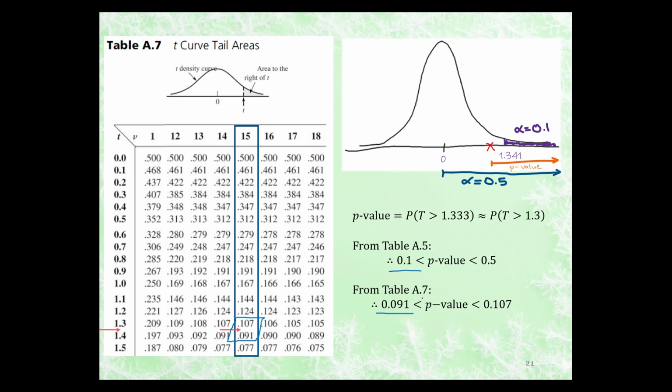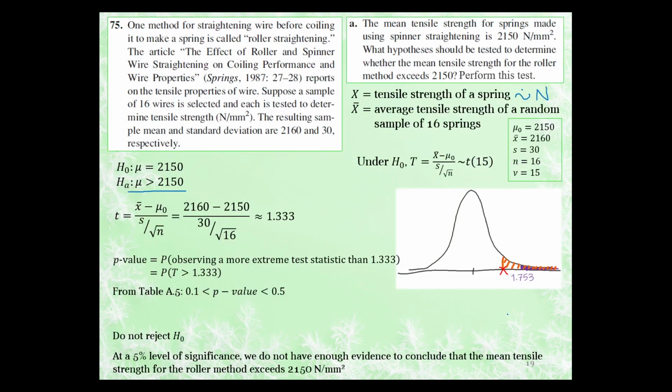So we can actually refine this interval a little bit more if we wanted to, and just say, well, we know the p-value will be between 0.1, because that's what the one table told us, and 0.107. So we've made that interval significantly smaller now for our p-value. So I've just written the one exactly as I got it from the table, so I haven't refined it further.